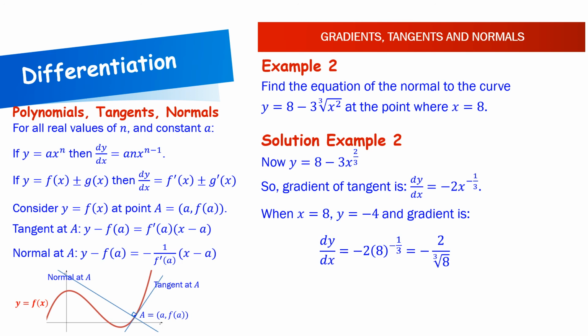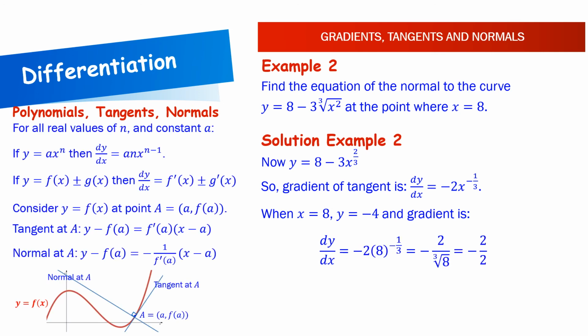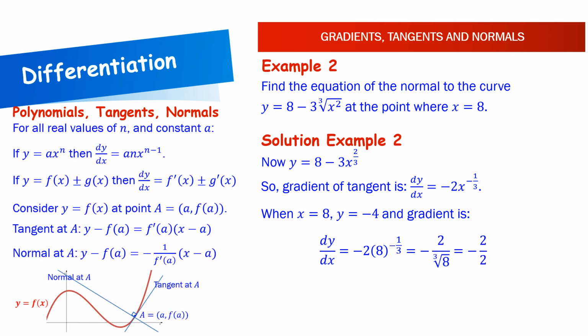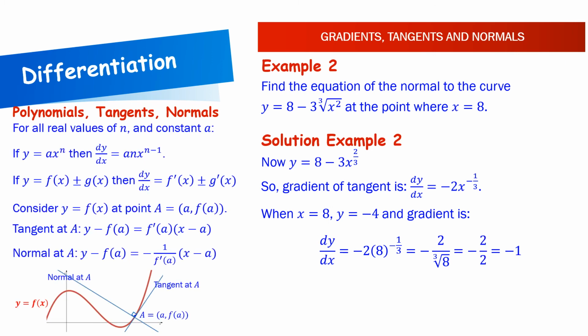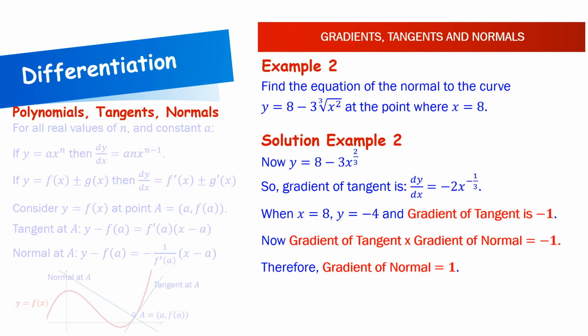And tidying up gives us this expression, which equals minus 1. Now the gradient of the tangent times the gradient of the normal equals minus 1. And therefore, the gradient of the normal is equal to 1.